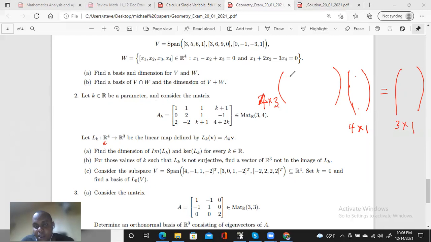So you started with 3 rows and 4 columns, and then the vector has 4 rows and 1 column, so you end up with 3 rows and only 1 column. That's how matrices work.